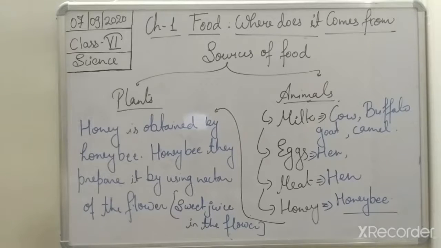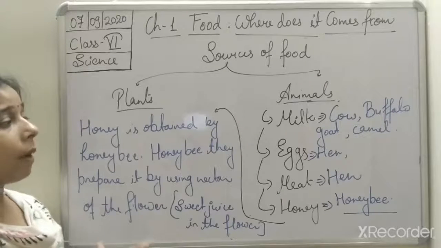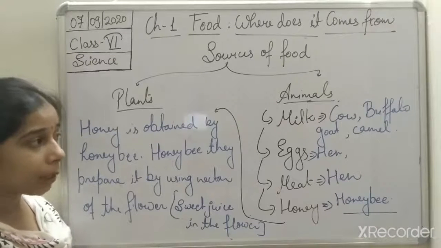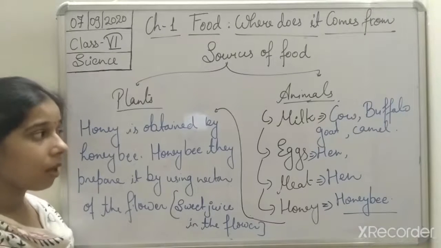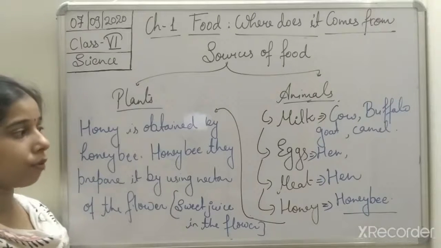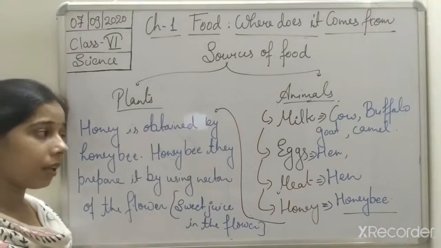Now you see here, student, if we talk about the animal sources again, so milk, cow, buffalo, you know that they are the animals which provide milk to us, and that also consists of nutrients which are very useful for us. Eggs, they are given by the hen.